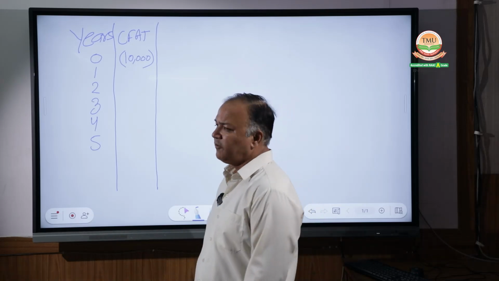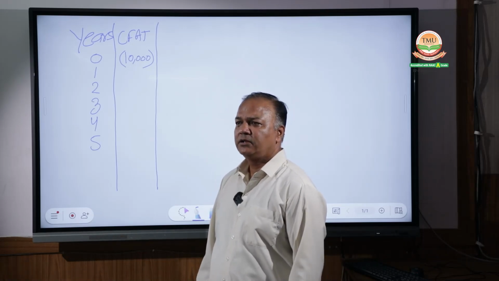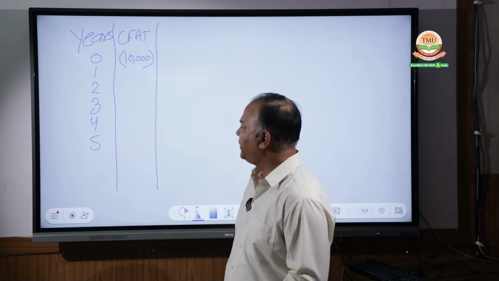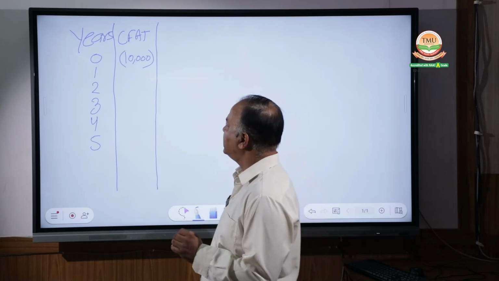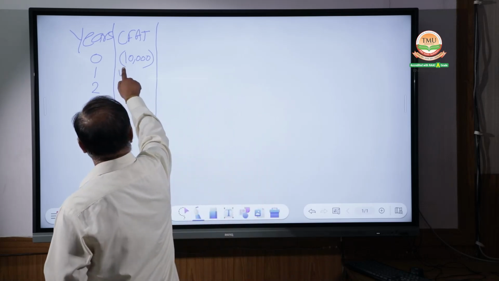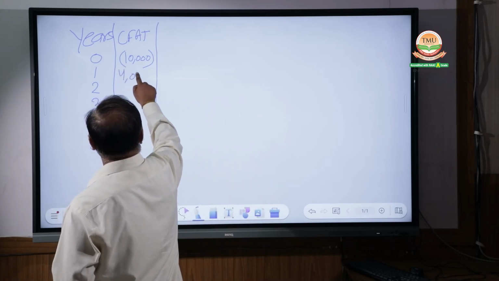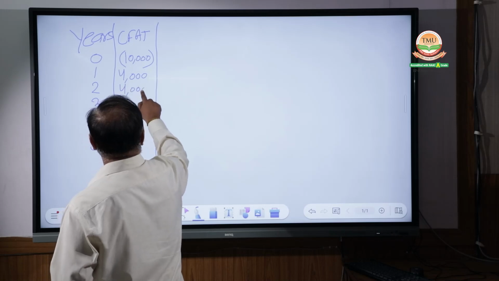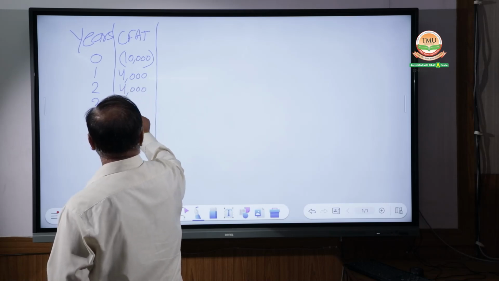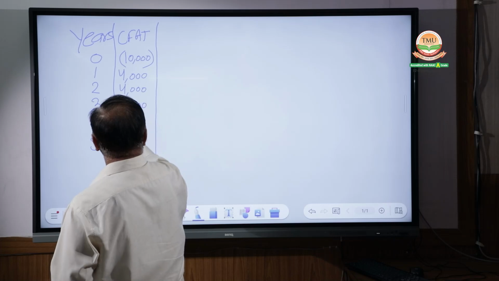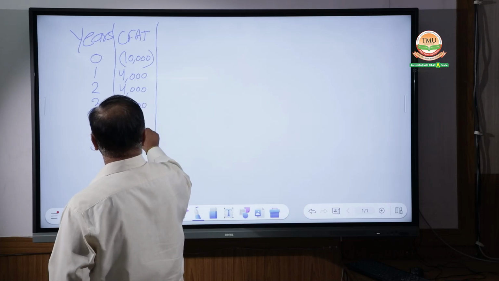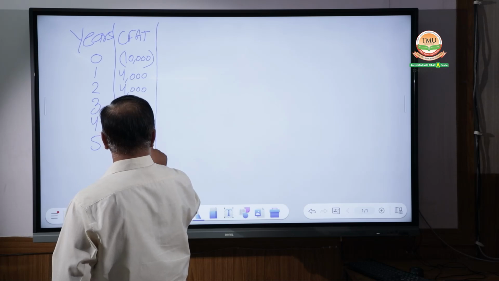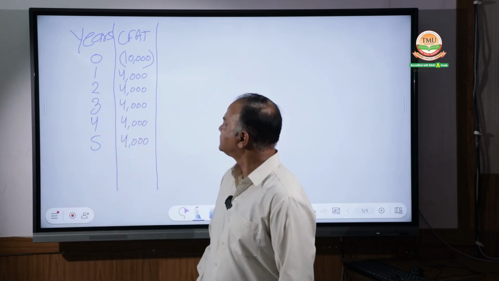Now, it was given in the question that the machine is generating cash flow after tax of rupees 4,000 every year. So this is 4,000, 4,000, 4,000, 4,000 and 4,000.